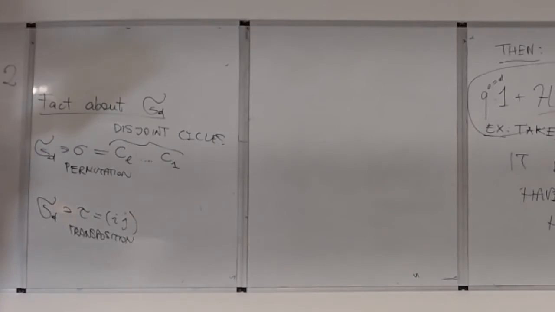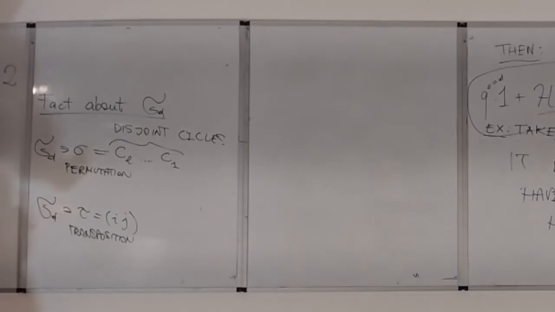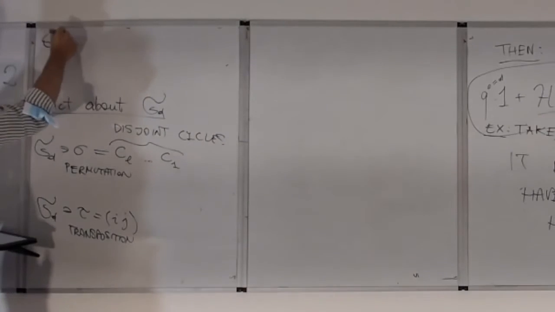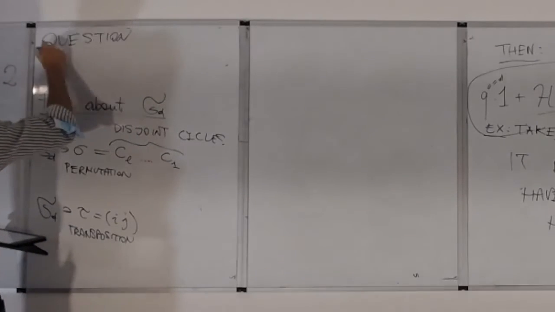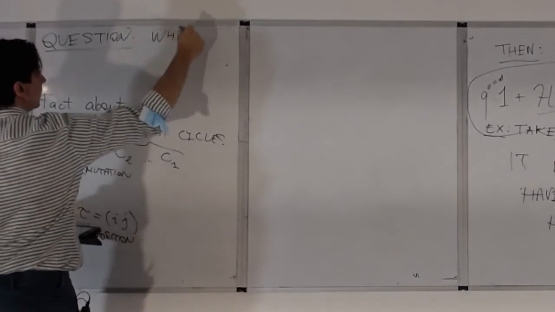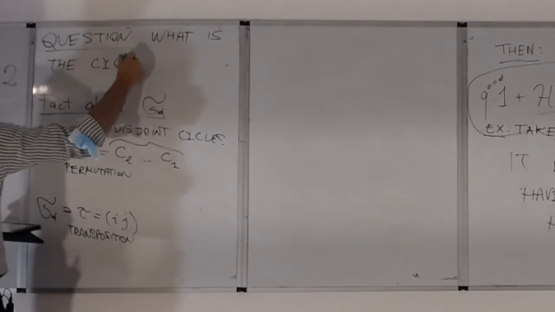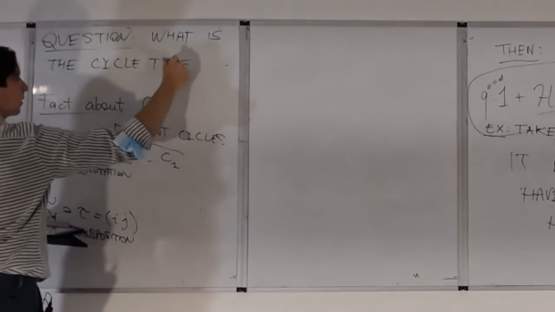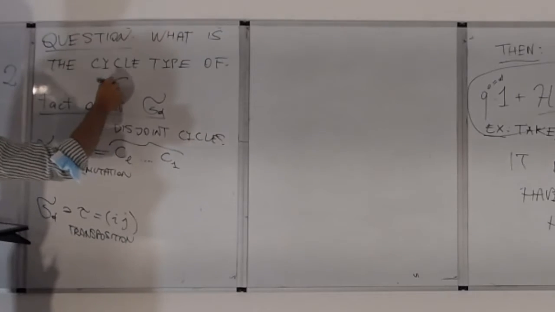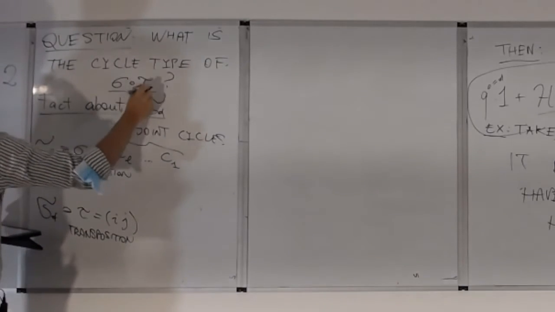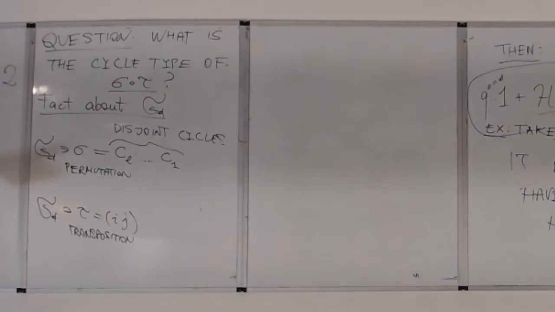The question is, what is the cycle type of sigma composed with tau? Actually, sorry, I want tau composed with sigma.